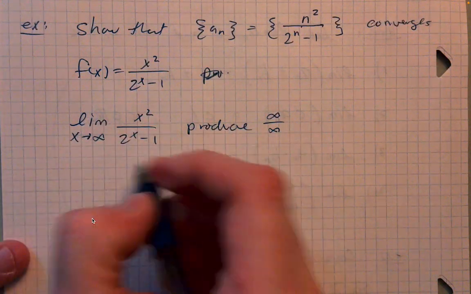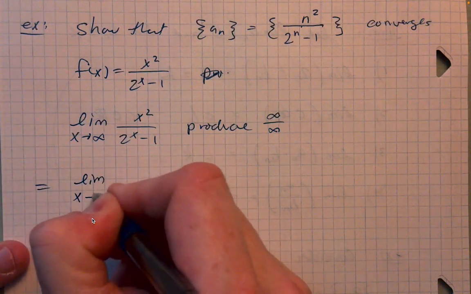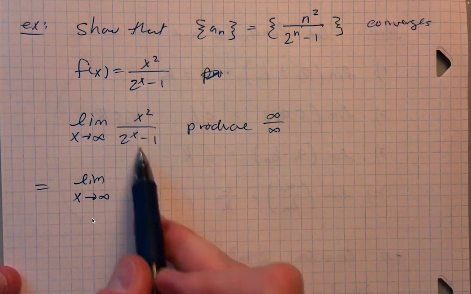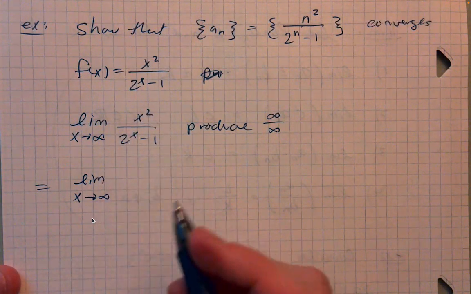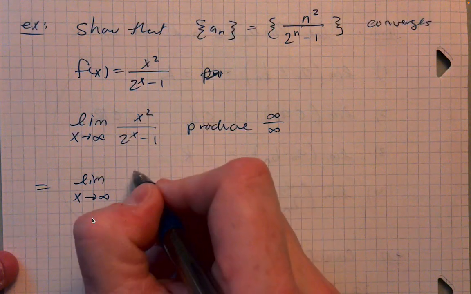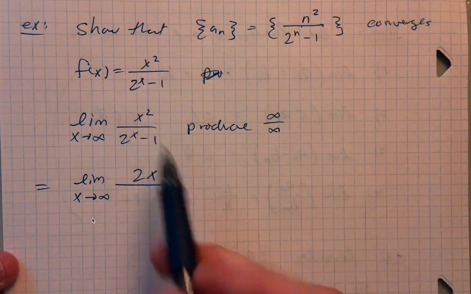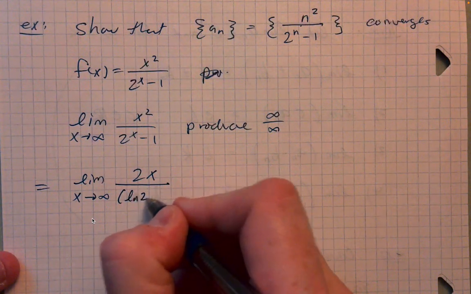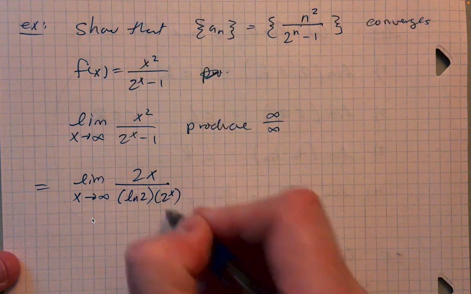Right, so this limit would be the same as the limit as x goes to infinity of the derivative of x squared divided by the derivative of 2 to the x minus 1. And so the derivative of x squared is 2x, and the derivative of 2 to the x minus 1, which you may or may not remember, is the natural log of 2 times 2 to the x.